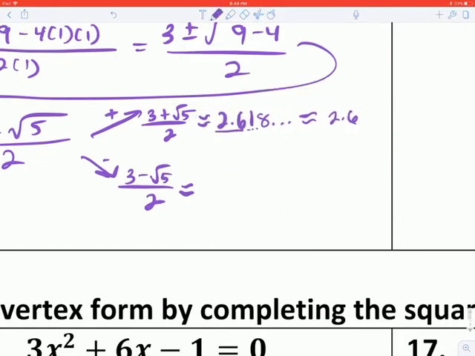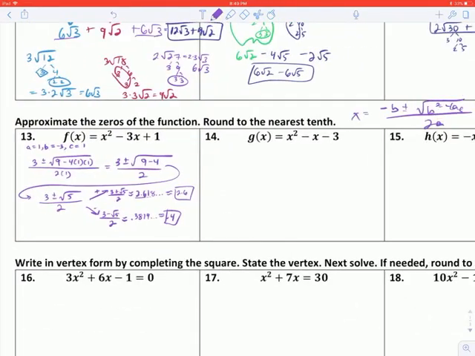Okay, so let's see. 3 minus square root of 5 divided by 2, and I get 0.3819, and this is approximately 0.4. So these are my two answers. Okay, so we will need a scientific calculator for this one.